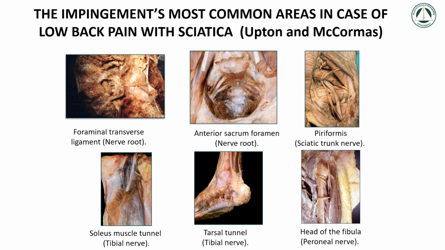The most common impingement areas in case of low back pain with sciatica are foraminal transverse ligaments for the nerve root, anterior sacral foramen for the nerve root, piriformis for the sciatic trunk nerve, soleus muscle tunnel for the tibial nerve, tarsal tunnel for the tibial nerve, and head of the fibula for the peroneal nerve.